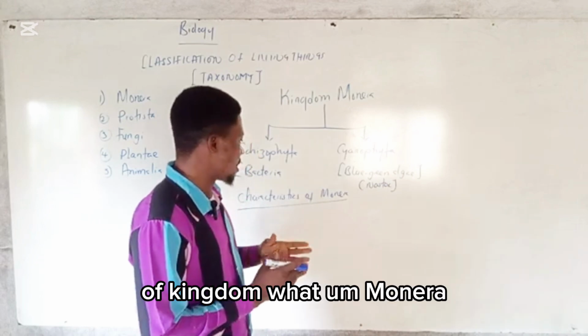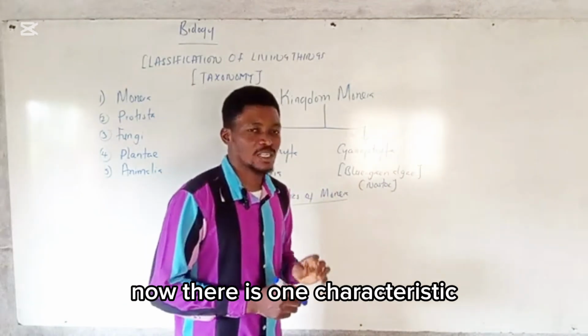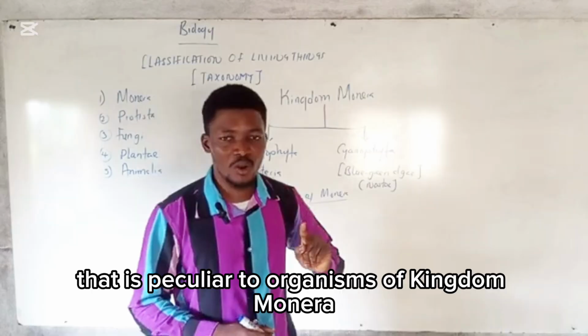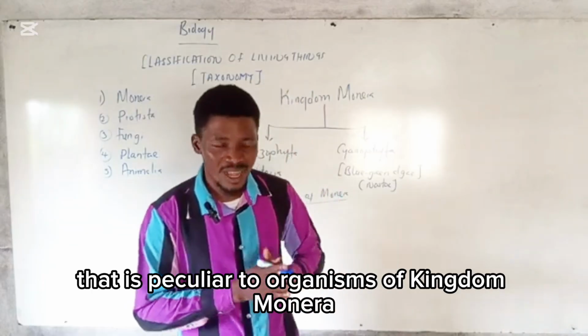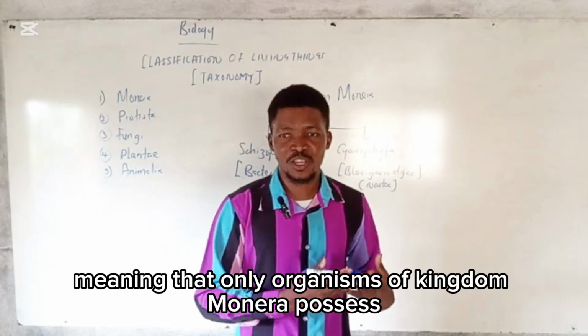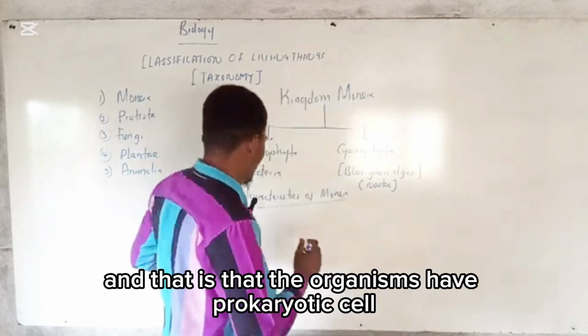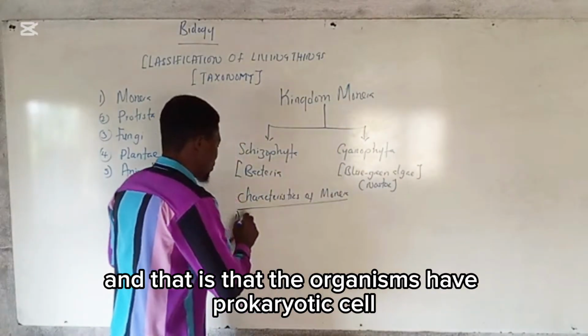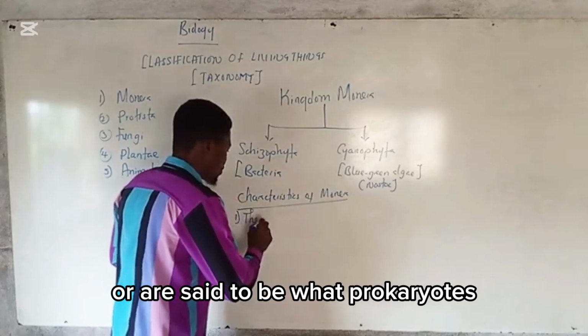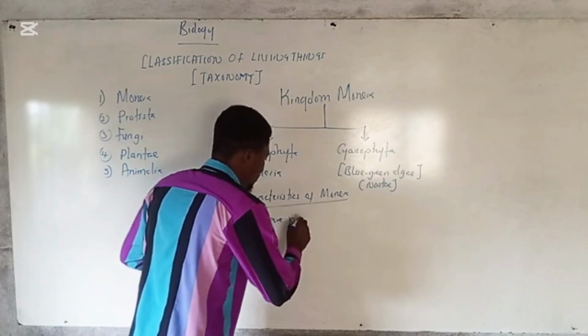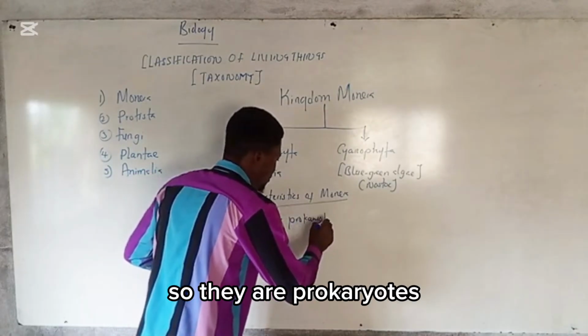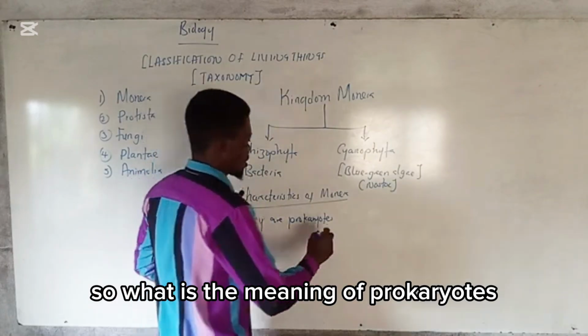Of kingdom what? Monera. Now, there is one characteristic that is peculiar to organisms of kingdom Monera, meaning that only organisms of kingdom Monera possess that particular characteristic, and that is that the organisms have prokaryotic cells, or are said to be what? Prokaryotes. So what is the meaning of prokaryotes?